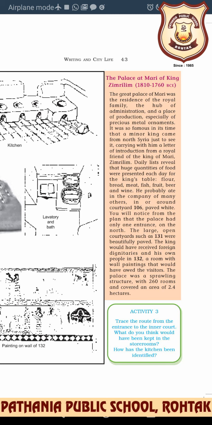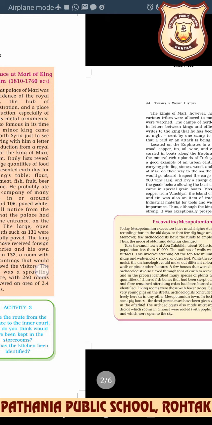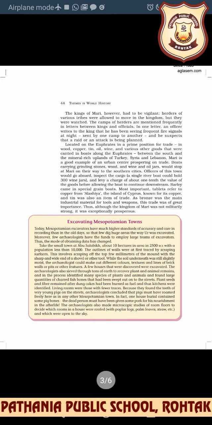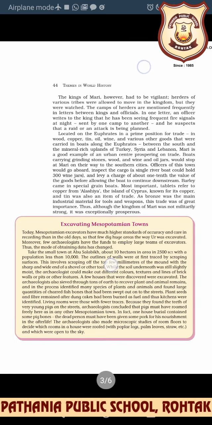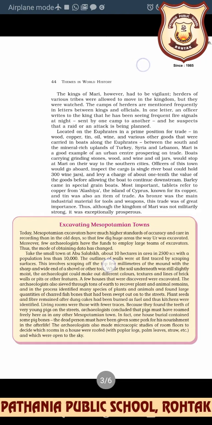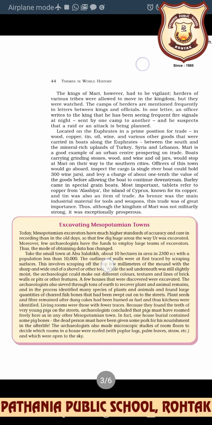And even, beta, as we know, the king of Mari had to be very vigilant because he allowed the different pastoral tribes or herder tribes to move in the kingdom, but they were supervised, they were watched constantly by the army people.